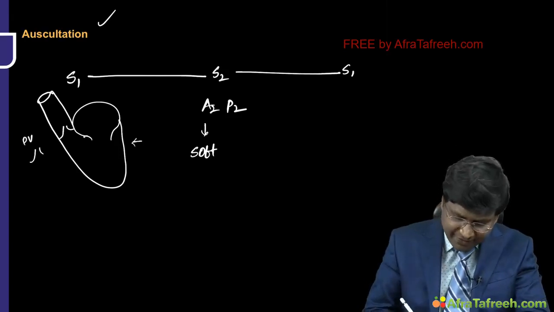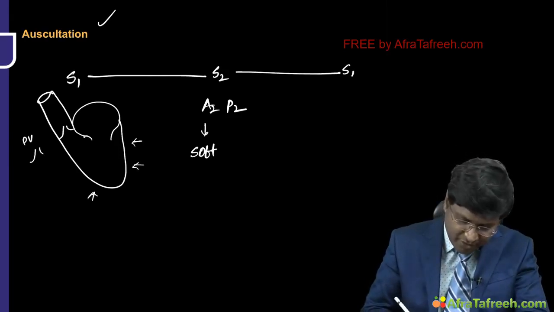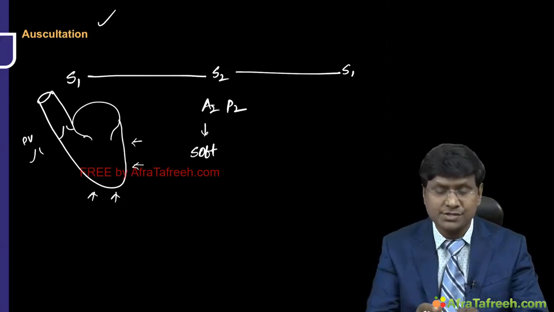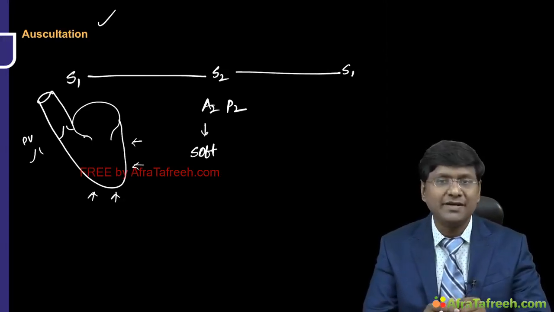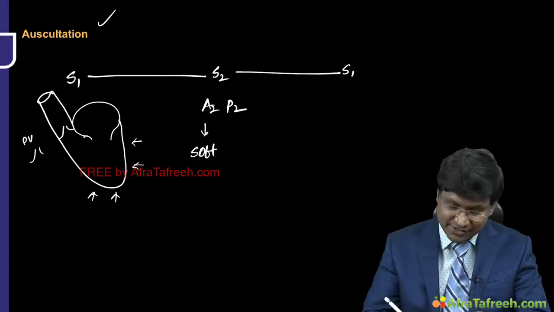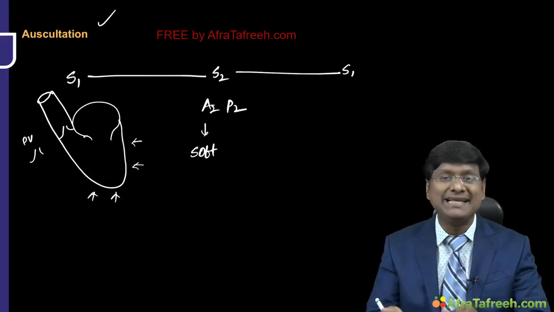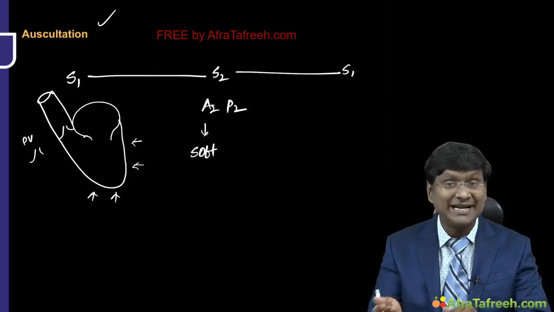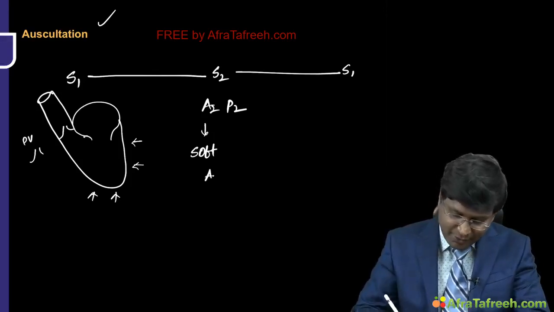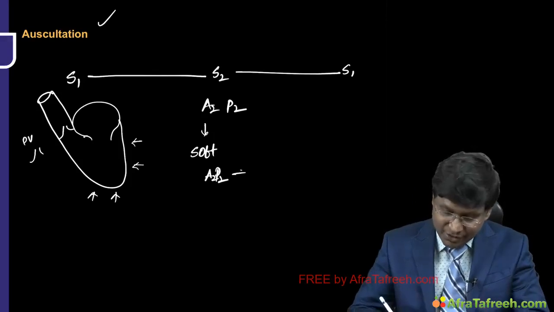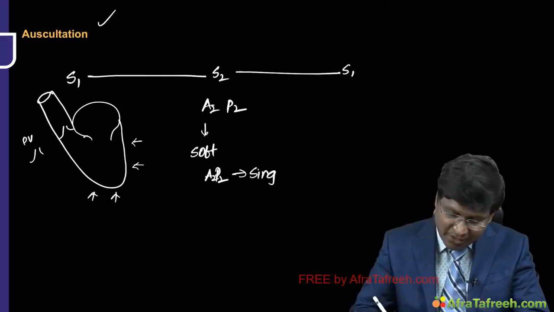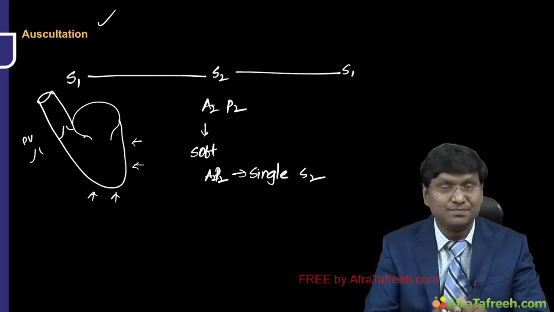So what has happened to the duration of the LV contraction in aortic stenosis? The duration of the LV contraction is prolonged. When it is prolonged, the A2 gets delayed. So A2 can merge with the P2, where you will hear this sound as a single S2.